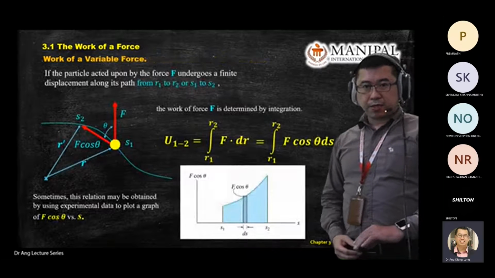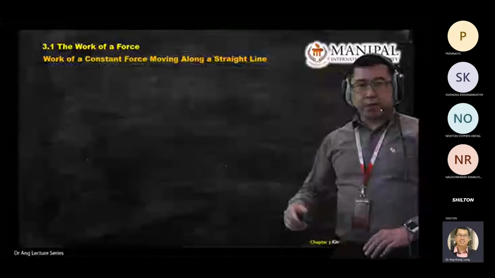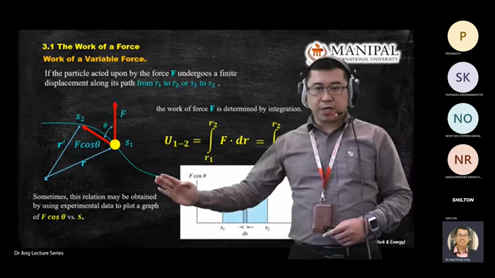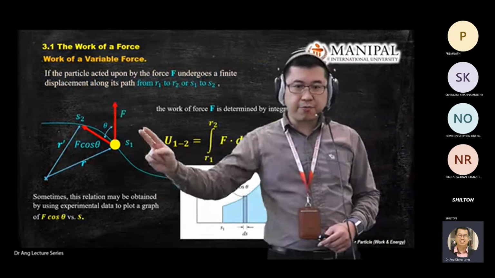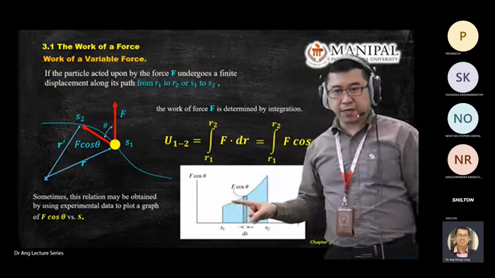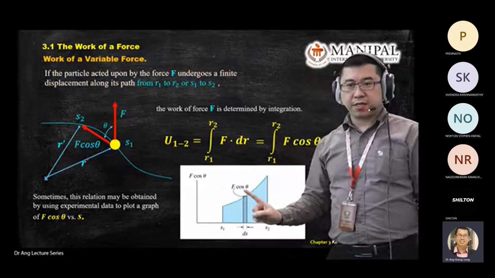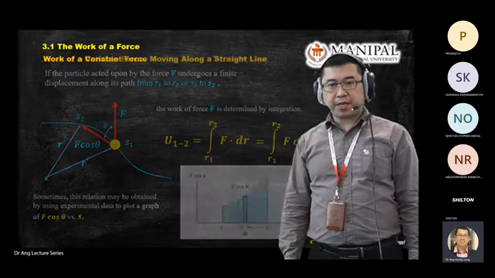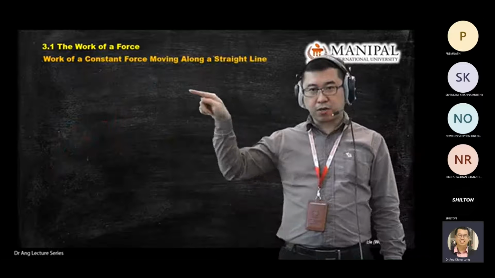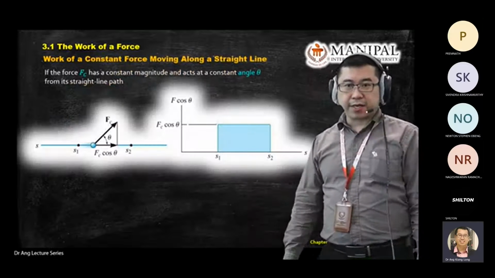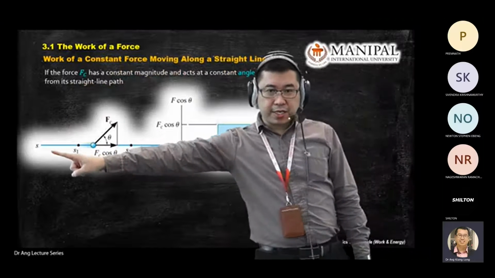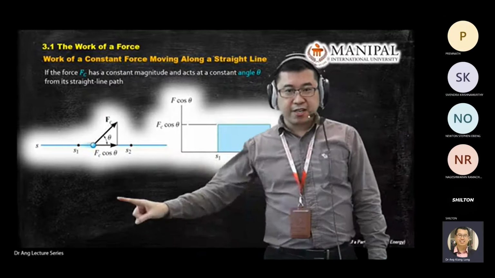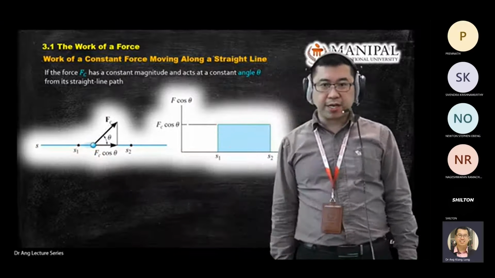Next, we look at work of a constant force moving along a straight line. Previously the force was acting on a pathway with curvature. What happens if your force is acting along a straight line? It is no longer curvilinear, but a linear line.